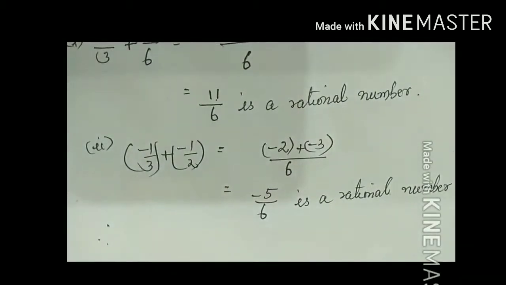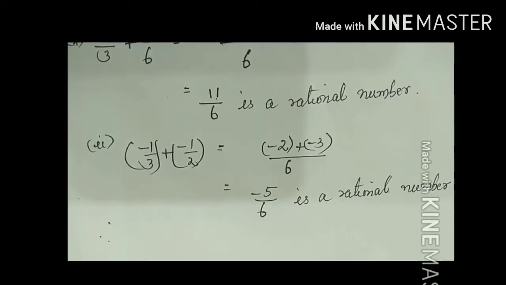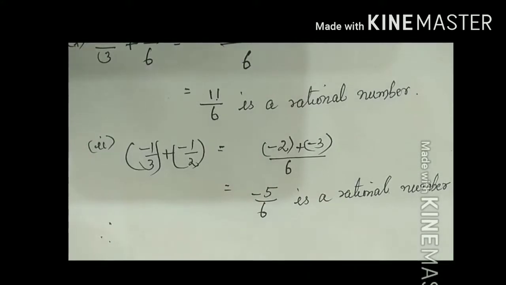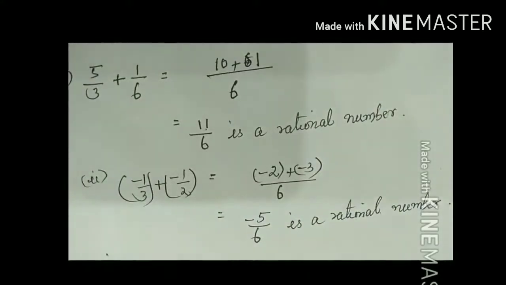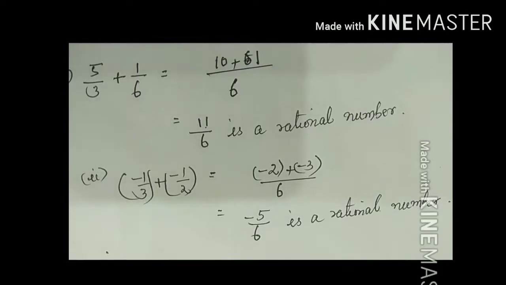Therefore, we can say that for any two rational numbers p by q and r by s, their sum, which is p by q plus r by s, will also be a rational number. Therefore we can conclude that the operation of addition on the set of rational numbers is closed.